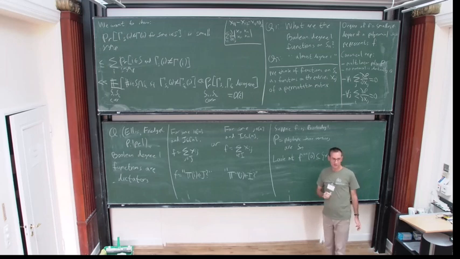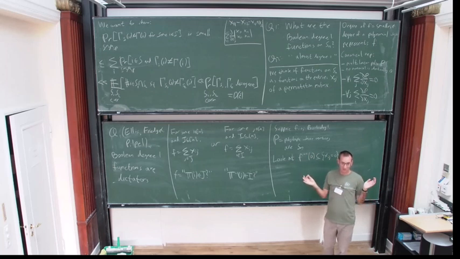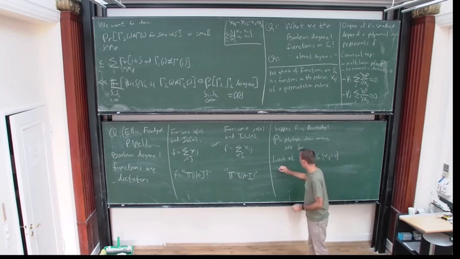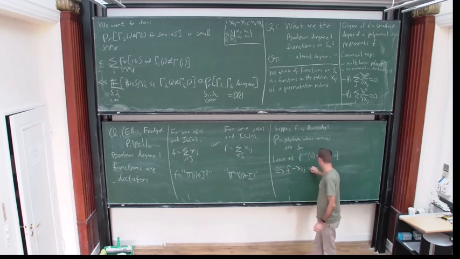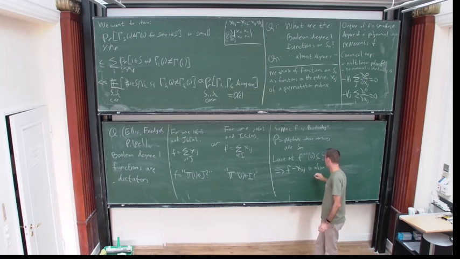So f inverse of 0 is a face of the polytope, so it must be contained in a facet of the polytope. And what are the facets of the polytope? We know that all the facets of the polytope are xij equal to 0. Now what does this mean? If xij is equal to 1, then we cannot be in f inverse of 0, so f must be equal to 1.